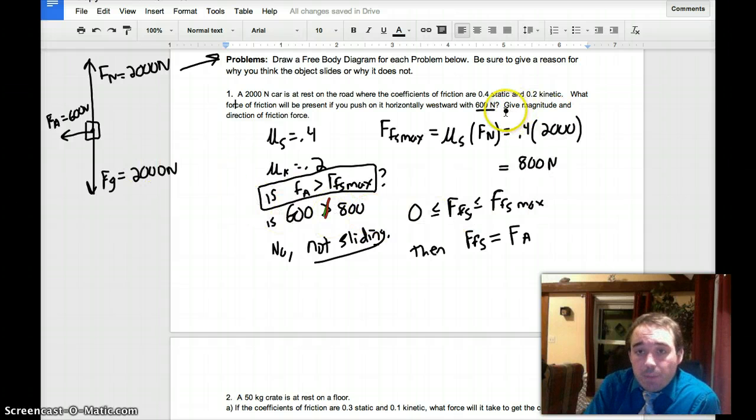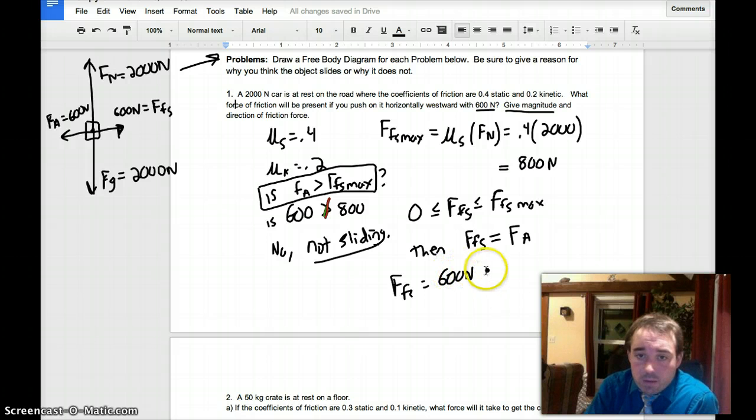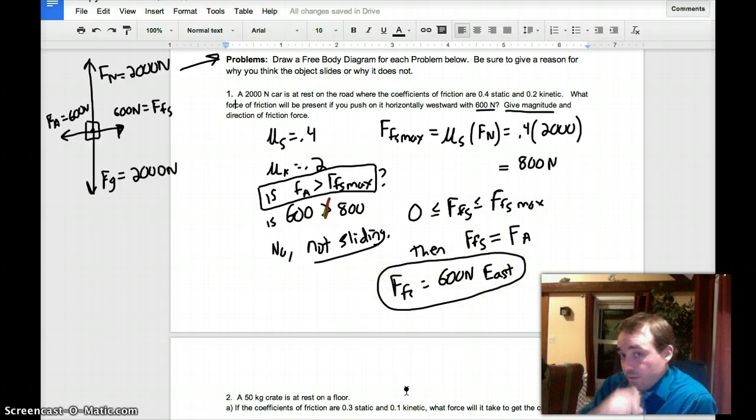So what is our magnitude? Our magnitude is going to be the same as our applied force on our free body diagram. Our magnitude and direction, it's going to be the opposite direction of what we're pushing, is going to be 600 newtons. It's a static friction force. We know, just to write it out, FFS is 600 newtons east. We're pushing west. Friction acts opposite of what we're doing, so it's 600 newtons east. So that's question 1.